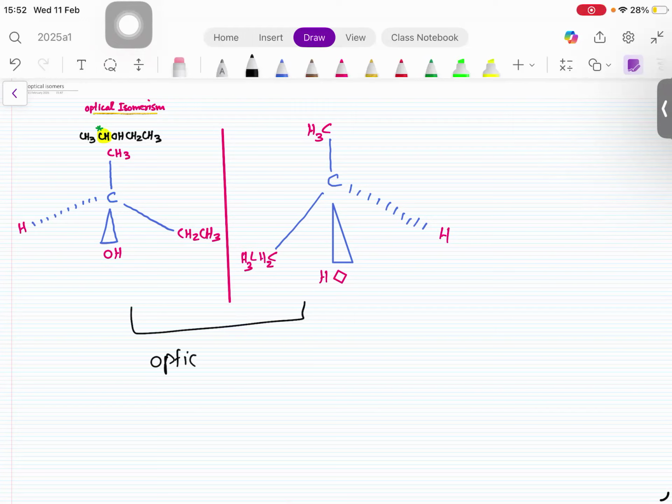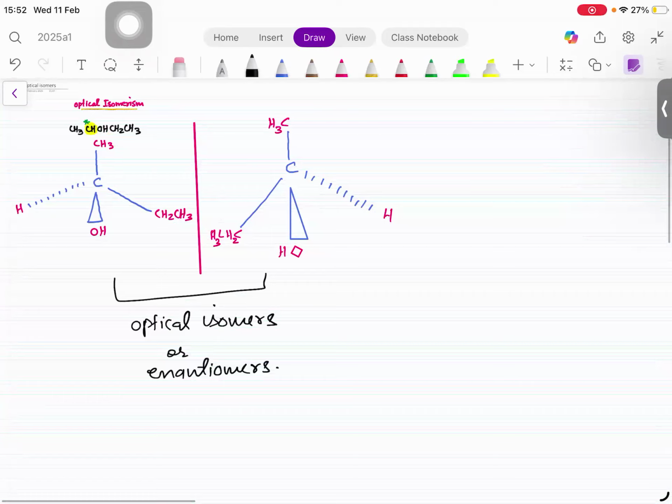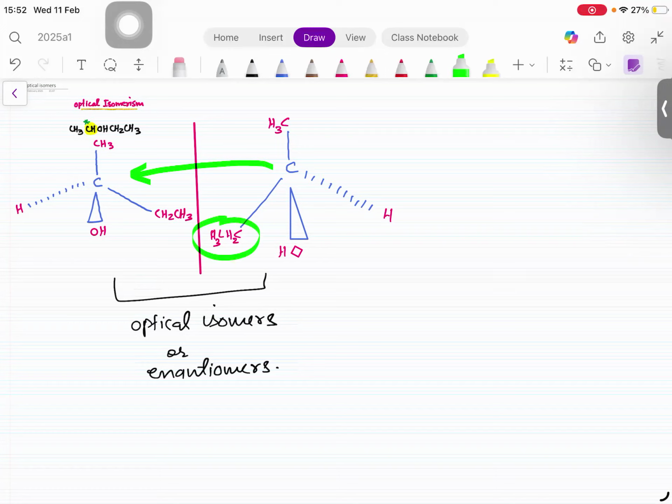Why are they optical isomers or enantiomers? Because they are non-superimposable mirror images. Non-superimposable means that if I take this image and put it on top of this, carbon will be on top of carbon, CH3 and OH will be on top, but this CH3CH2 would be on top of what? Hydrogen.